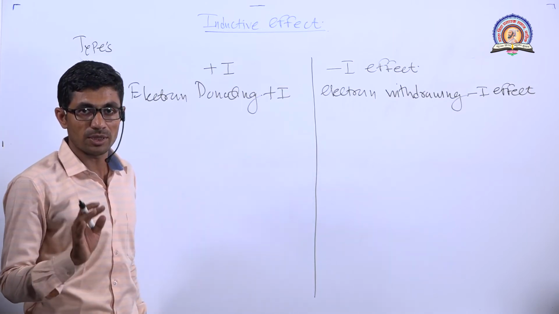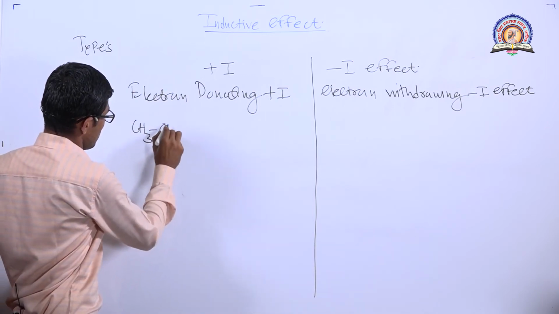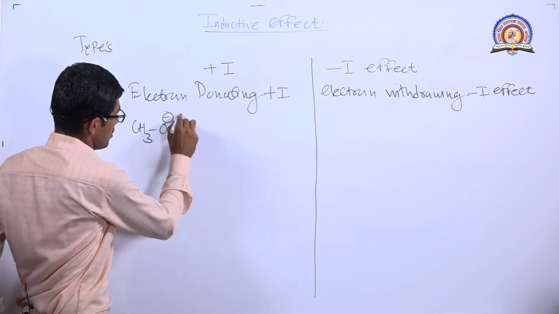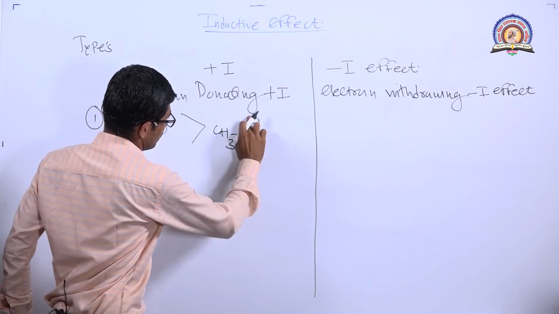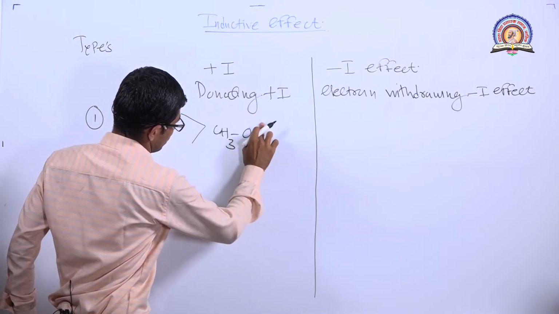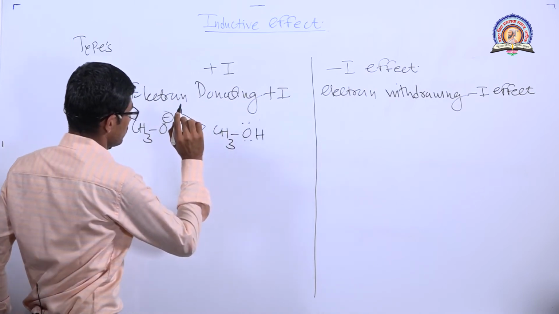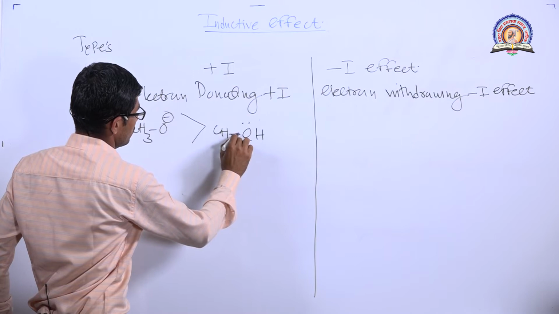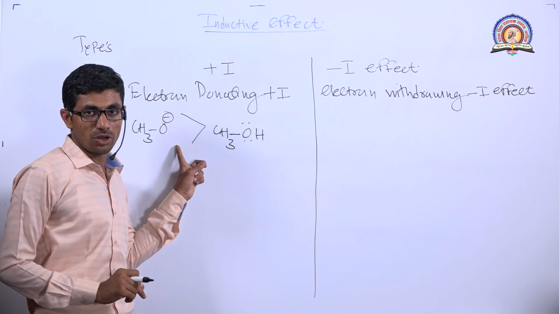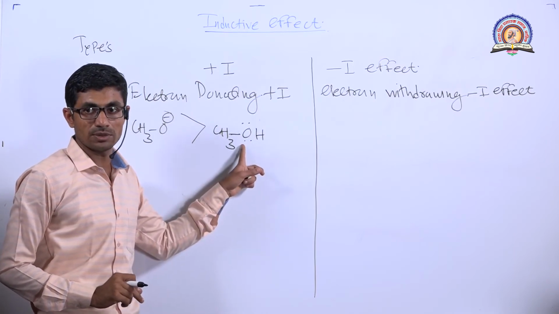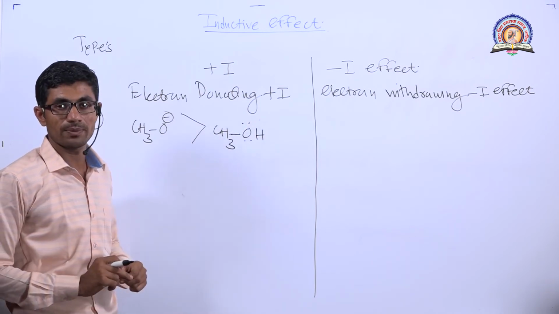Suppose you compare two groups here: this is a negatively charged oxygen, this is the neutral oxygen, and this oxygen has two electron pairs.